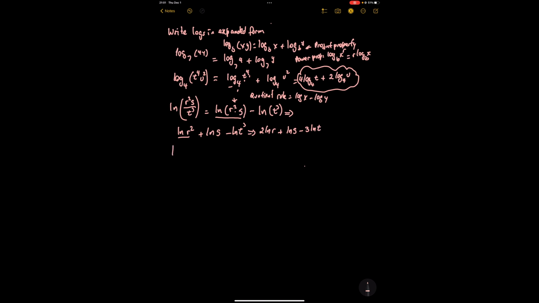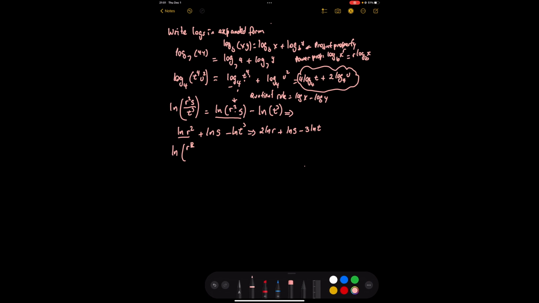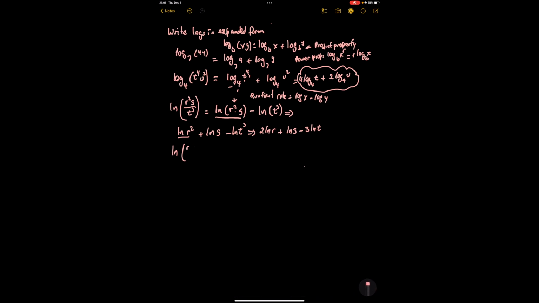And so ln of r squared s over t cubed is equal to 2 ln r plus ln s minus 3 ln t.